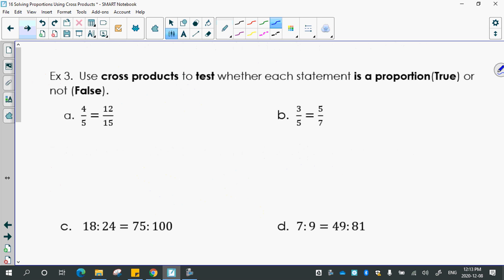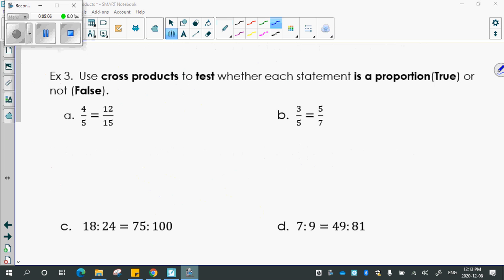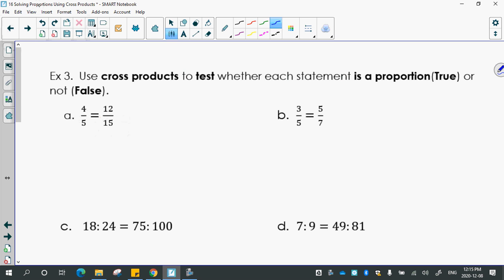Okay. All right, so then the next question, true or false? So I'm just going to give you some time. All right, so I see lots of people doing the cross. So they're thinking to themselves, 4 times 15 is 60. 5 times 12 is 60. So that one stays true.